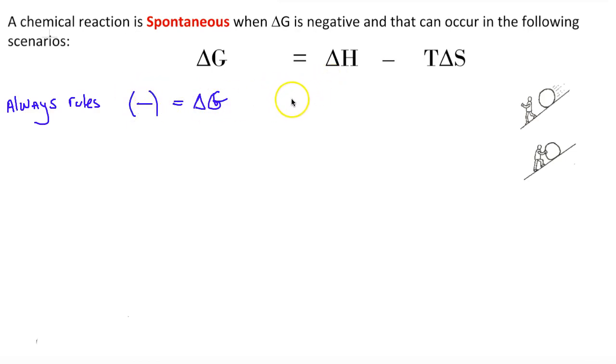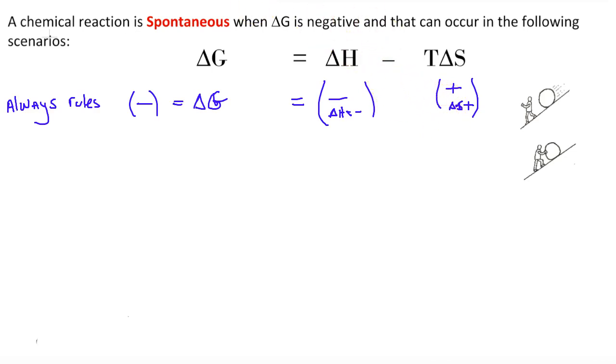Now, what are these conditions? Well, when delta H is exothermic, so when delta H is negative, heat is being released, and when delta S is positive, which we understand means the entropy is increasing, what we're going to get is the following.